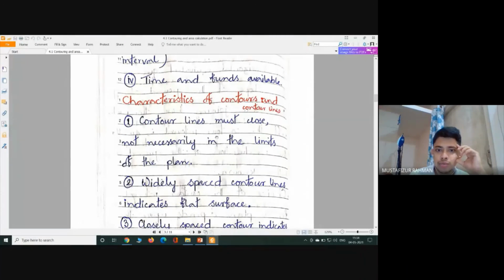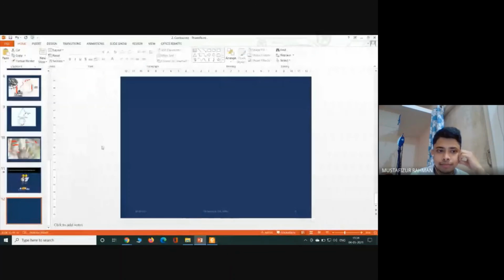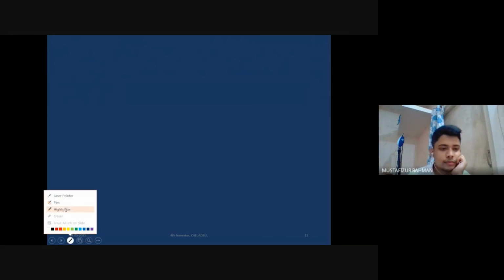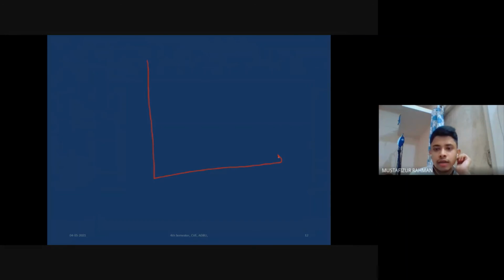Characteristics of contour lines, we already discussed. The contour line must close, not necessarily within the limit of the plan. We are studying a particular area.